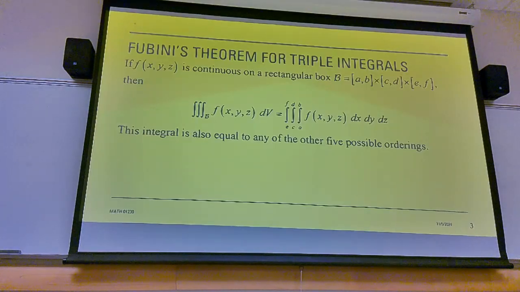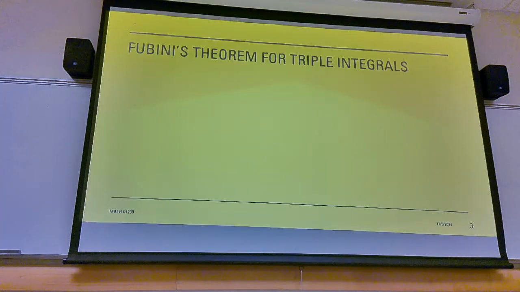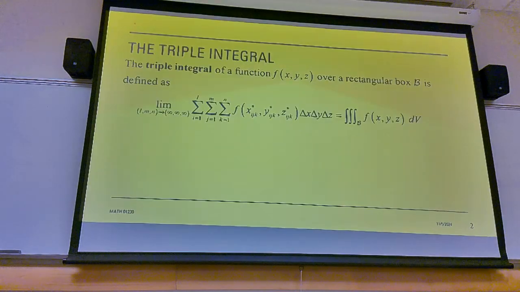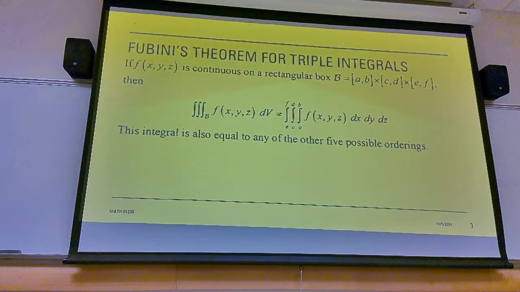In fact, if f of x, y, z is continuous on a rectangular box, [a,b] cross [c,d] cross [e,f], then the triple integral over that box of f of x, y, z dV, notice, it is now a volume differential that we're working with, is an iterated integral: the integral from e to f, integral from c to d, integral from a to b of f of x, y, z dx dy dz, or any of the other 5 possible orderings.